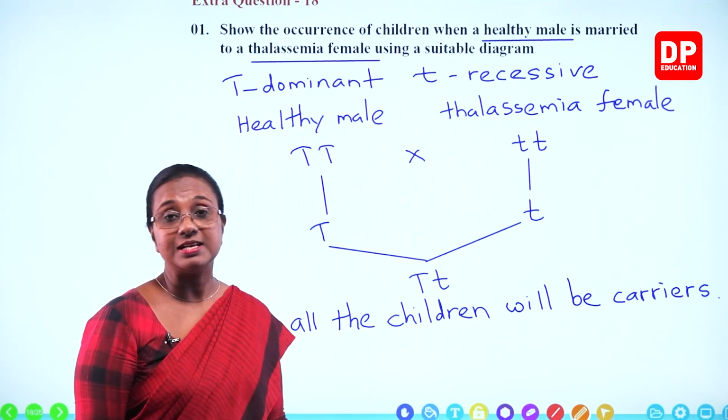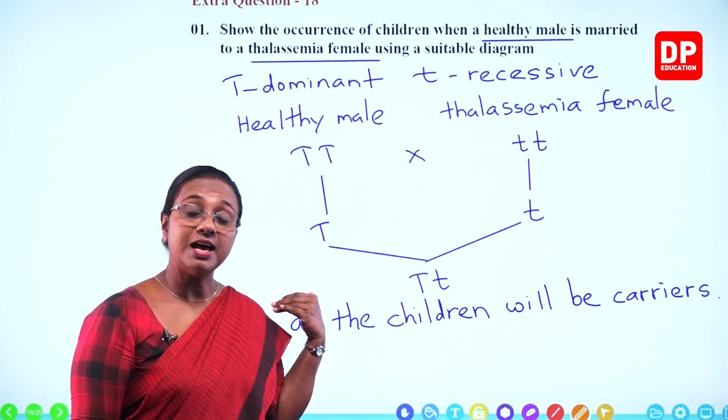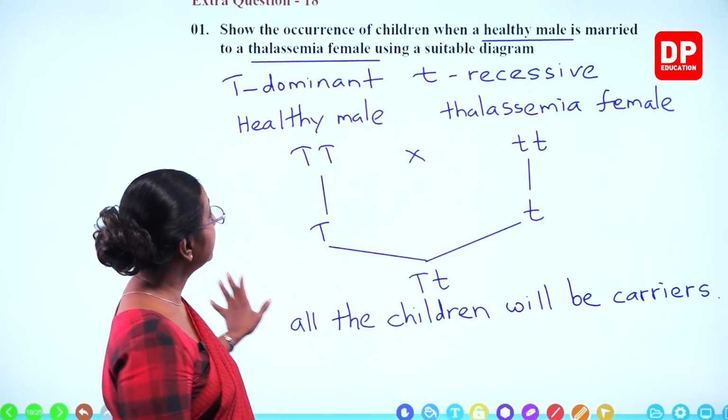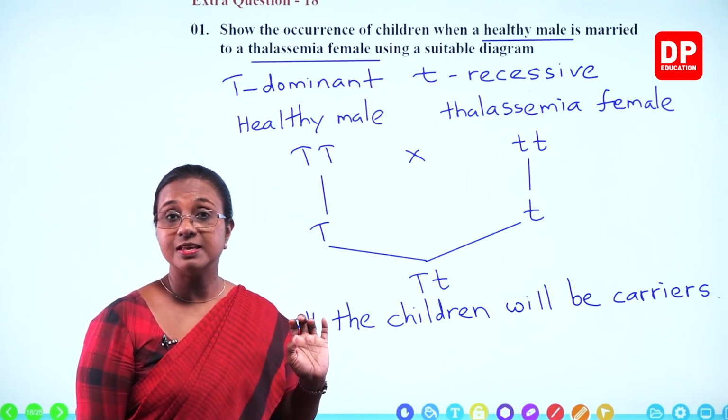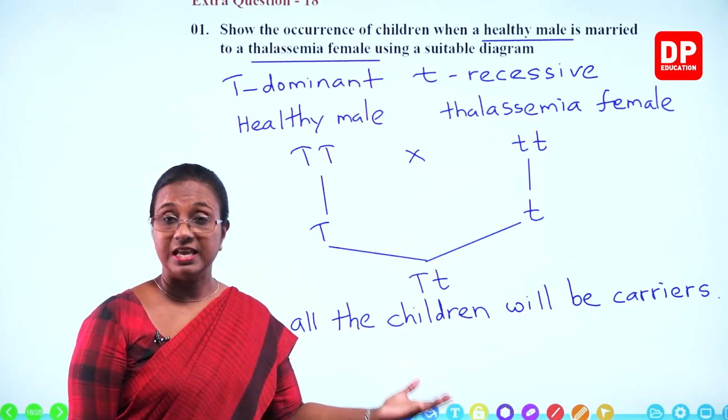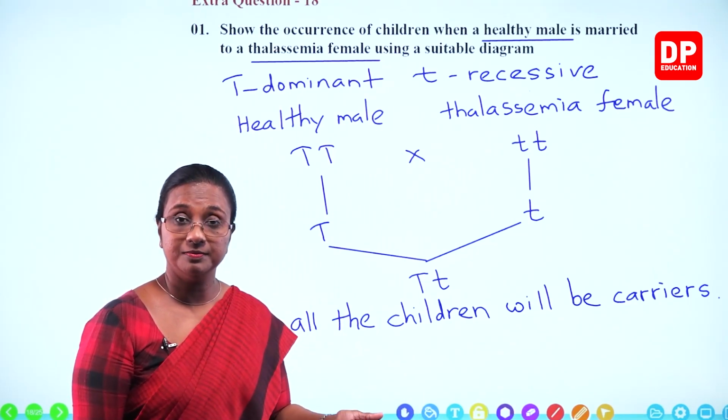So now can you all understand the difference? Earlier there was sex linkage, so there the ratio was different. Here it is the autosomal recessive chromosome. So here of course the ratio varies, the outcomes are different.